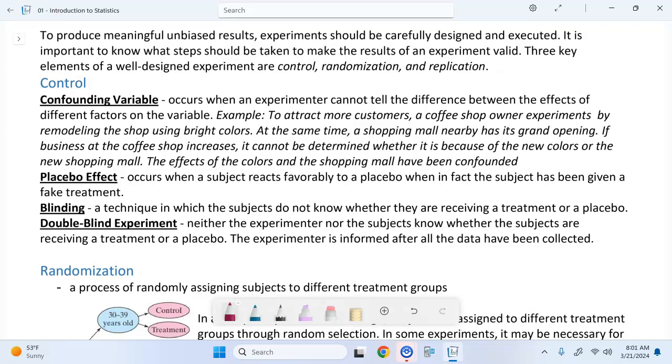So the subjects don't know whether they're given a placebo or a treatment. And when you do double blinding, not only does the subject not know, but the experimenter also doesn't know. It's all set up by a third party, okay? And the person who is administering the treatments doesn't know if it's real or fake.